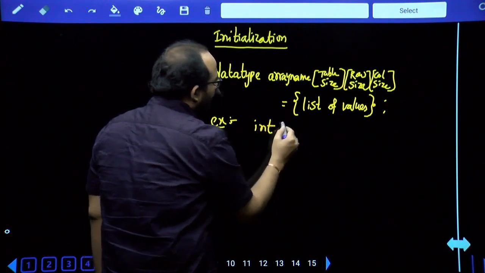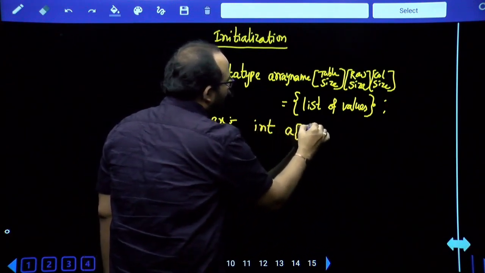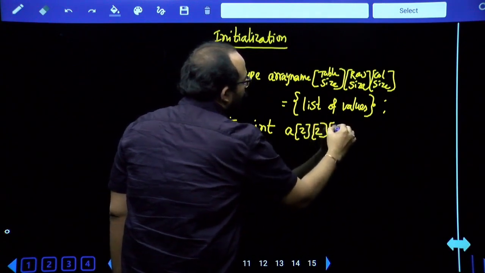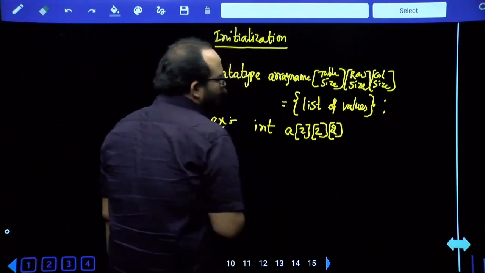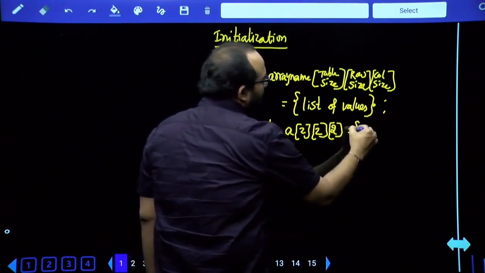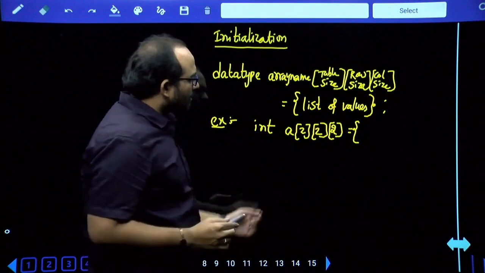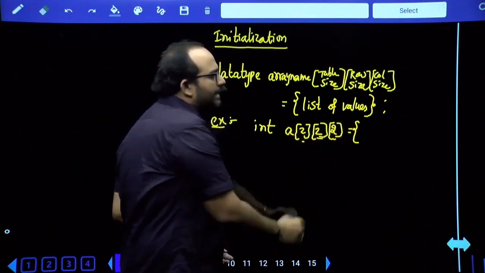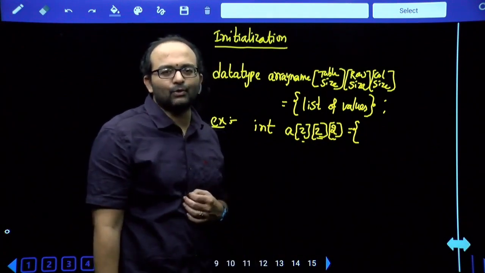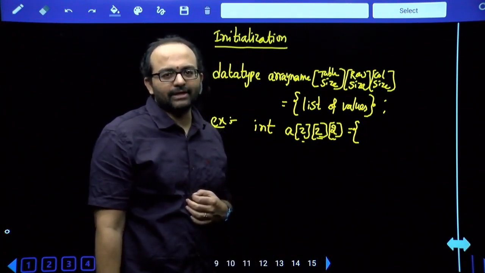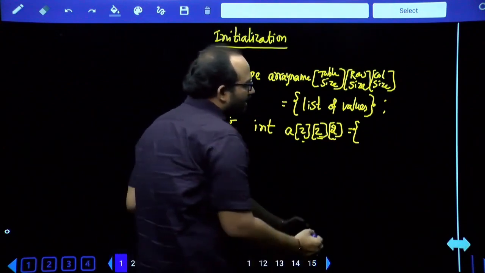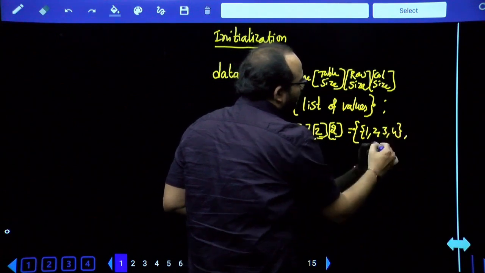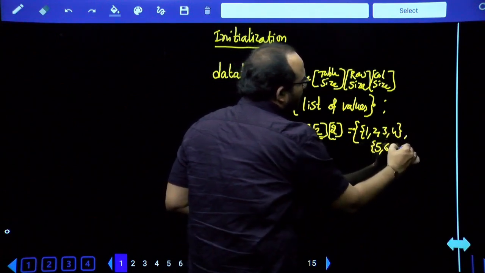Example is int a of 2, 2, and this is also 2. So how many elements are there here clearly? There are two tables, first of all, and in each table how many elements are there? 4 elements. 2 into 2 which equal to 4. So you can observe here two tables, that is 1 2 3 4, 5 6 7 8.